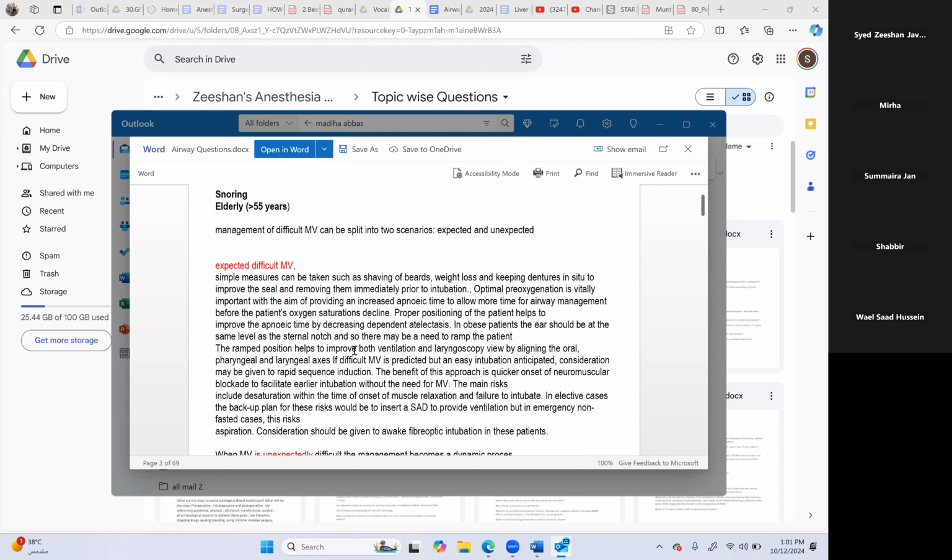Plus, if you are anticipating a difficult mask ventilation, you do it in a very proper way so that the apnea time will be increased and you will have more time for apnea.